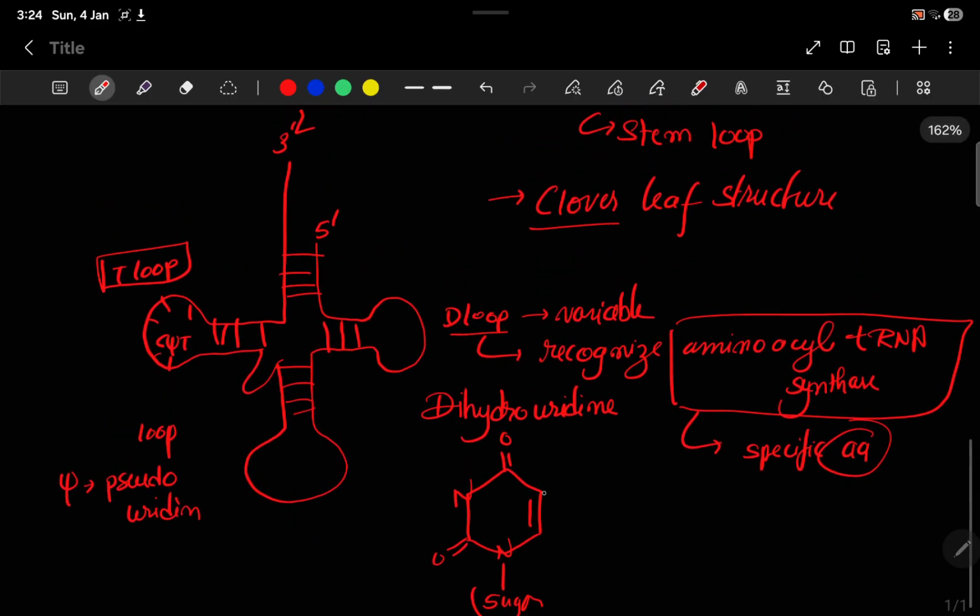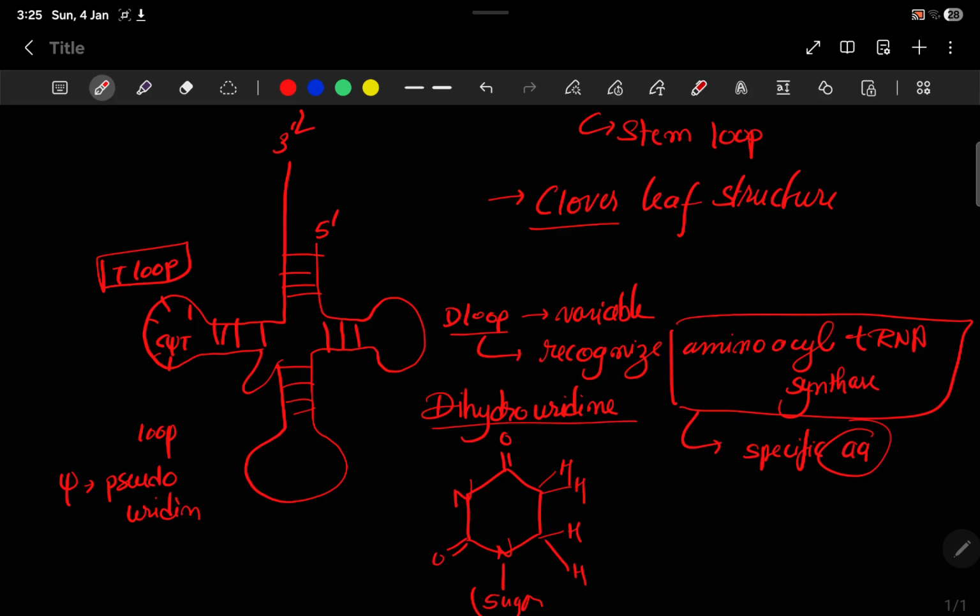You can see we have a double bond. If you break this double bond and add two extra hydrogens, it would be called dihydrouridine.